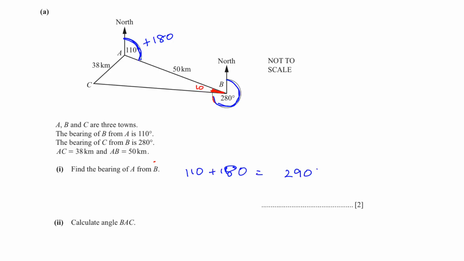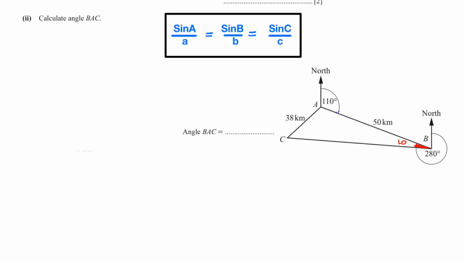When two sides and one angle have been given and you want to find the third angle, we are going to use the sine rule. The sine rule can be used when you have this angle and the opposite side. We are supposed to find A, so you need to have the opposite side, but you don't have it.